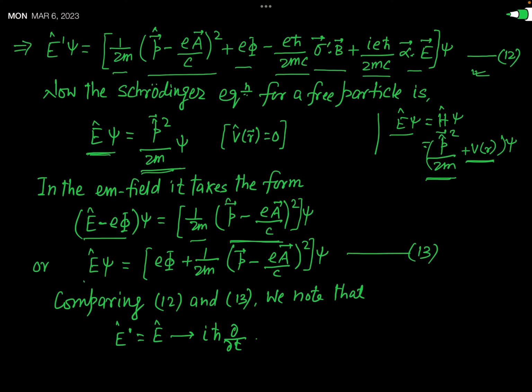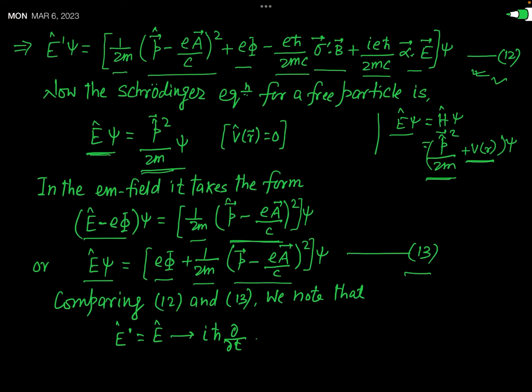Now rearrange the terms. This equation can be written as E hat psi equal to E phi plus 1 over 2m (P minus EA) whole square operated on psi. Now we will compare equation 12 and equation 13.